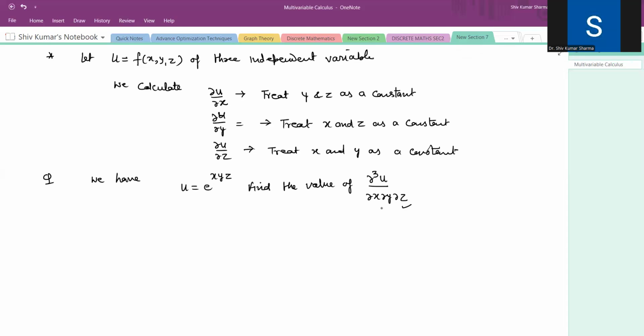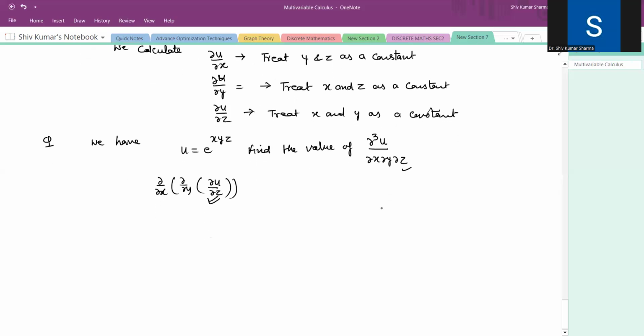So now we write this as ∂/∂x into ∂/∂y into ∂u/∂z. So basically we follow this. First we obtain ∂u/∂z, then we differentiate that function with respect to y and then with respect to x. So this is our equation 1, where u is equal to e raised to the power xyz.